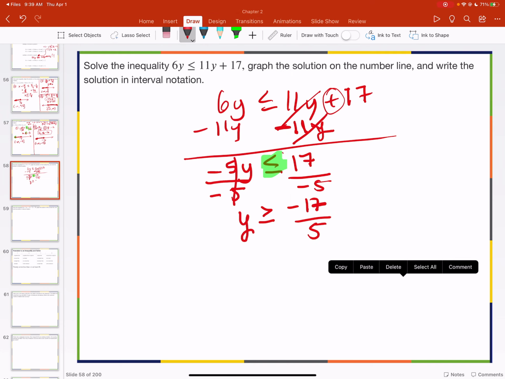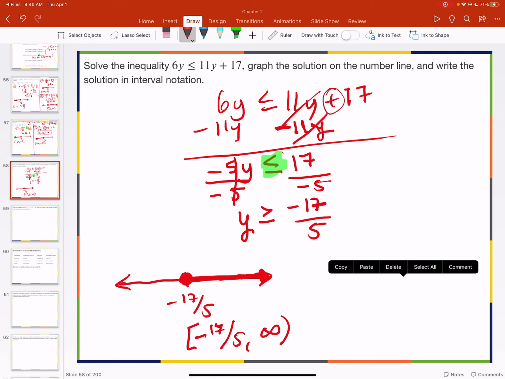So this is the final answer, and we don't need to simplify it. I like fractions, so negative 17 over 5. We know it's approximately negative 3 2/5, but we don't need to do that. We're moving up, so it's greater than or equal to. That is equal to, so we close it with a closed circle. Your book will use a bracket. Then we shade everything to the right because it's all the values that are greater than. Interval notation: negative 17 over 5, comma, infinity.